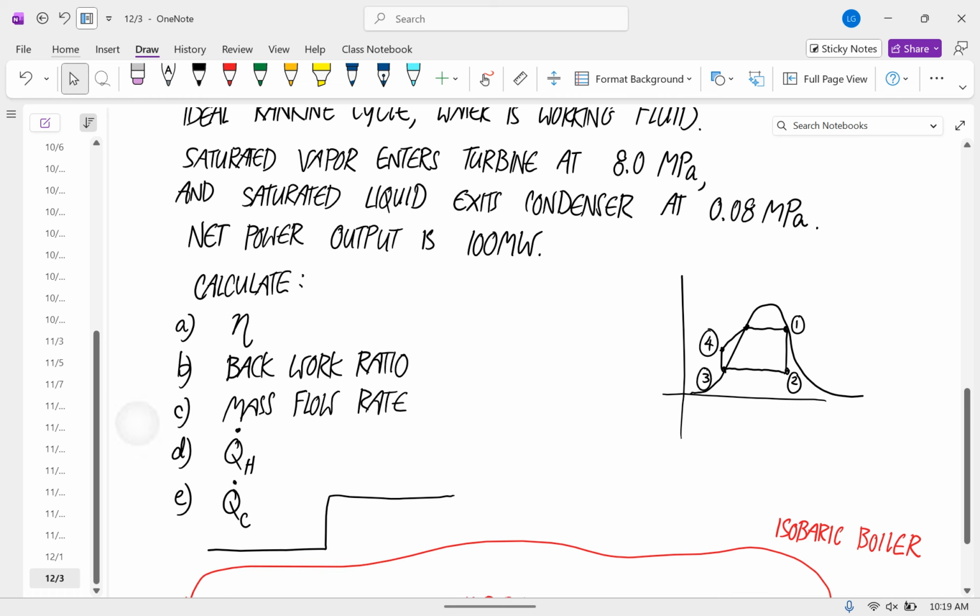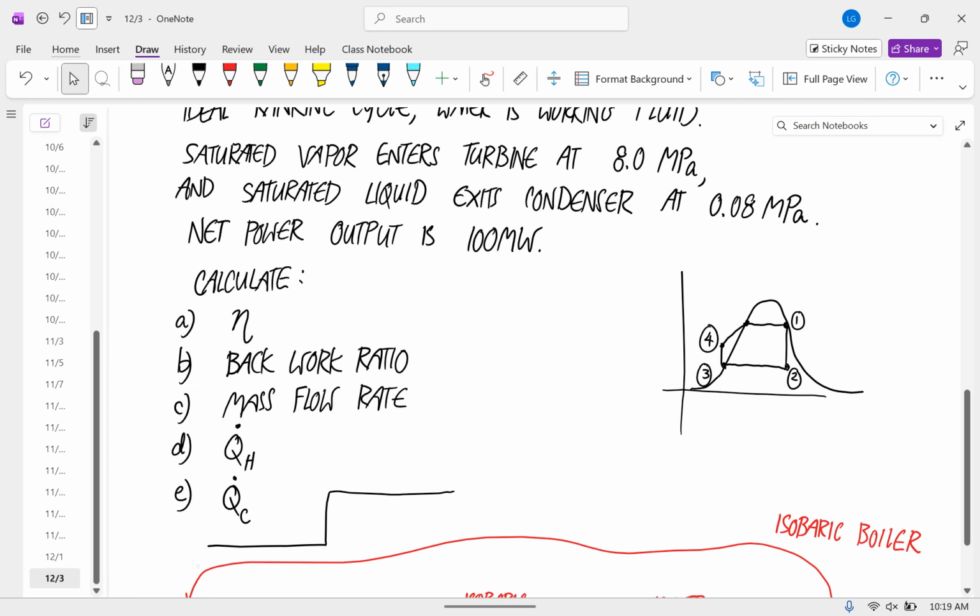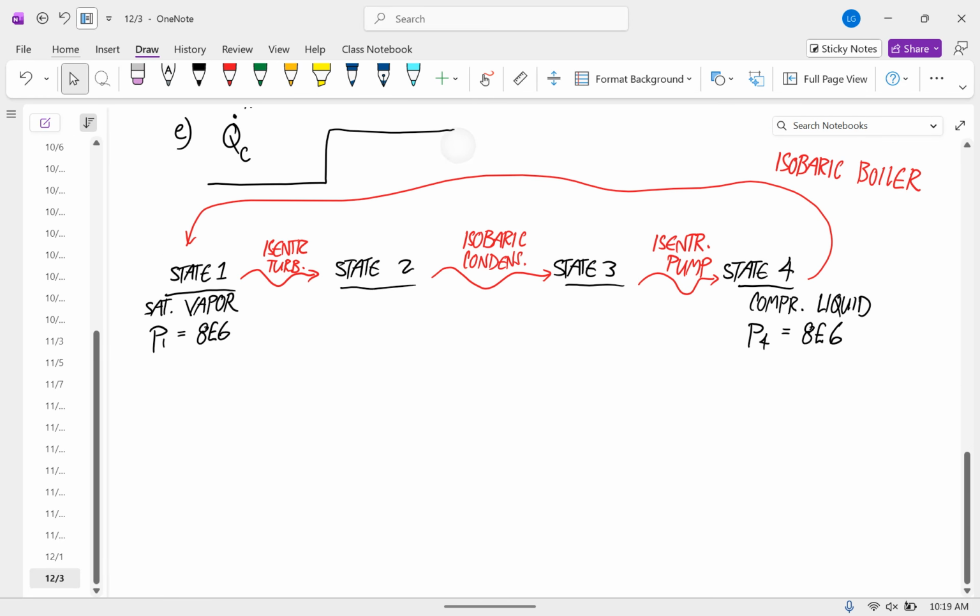And then it says a saturated liquid exits the condenser at 0.08 megapascals. What's the state exiting the condenser? That's state 3. So state 3 exits the condenser, and that is a saturated liquid. And so P3 is equal to 0.08 times 10 to the 6.